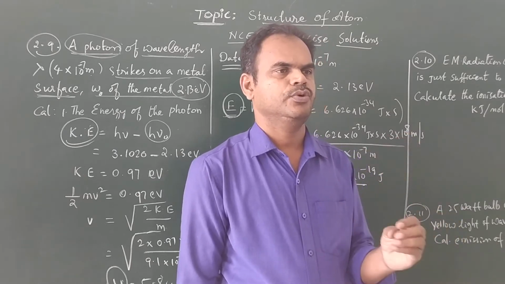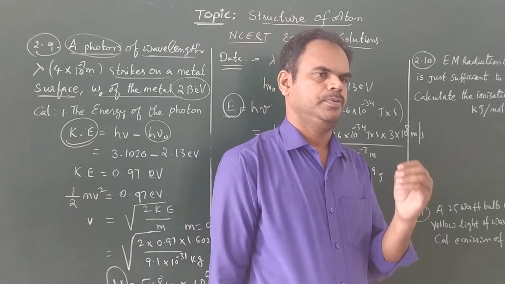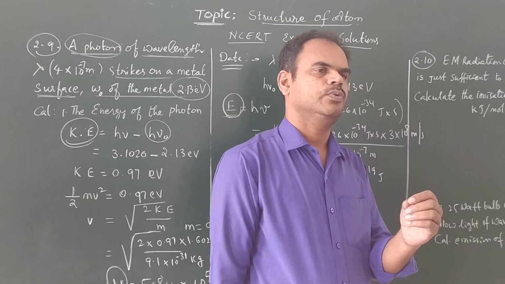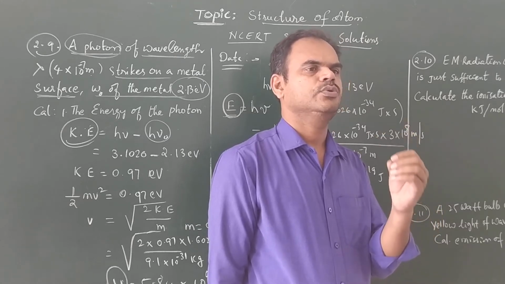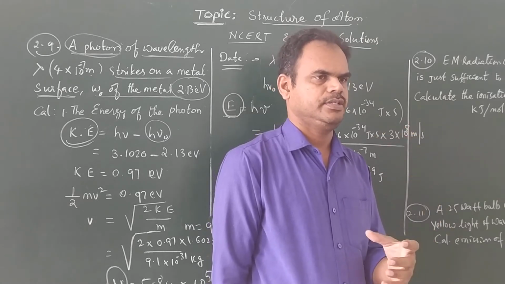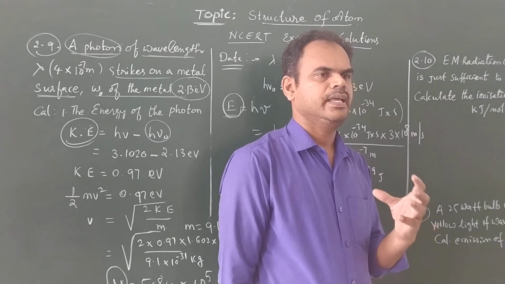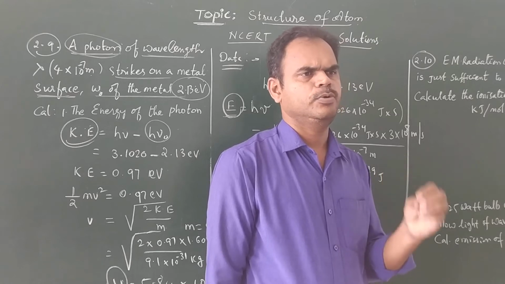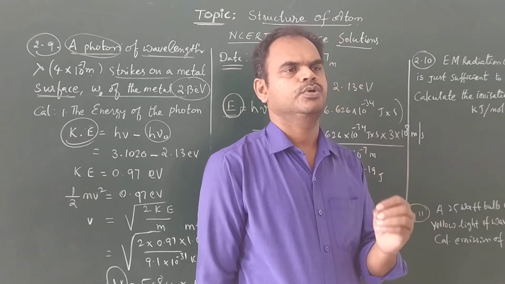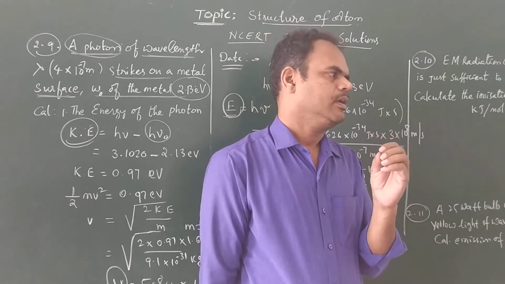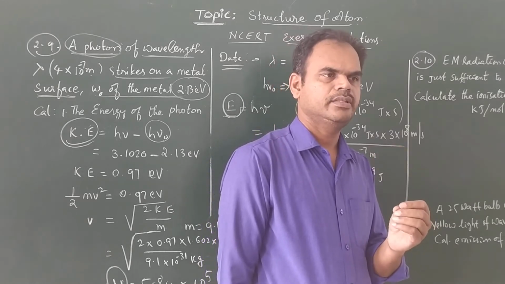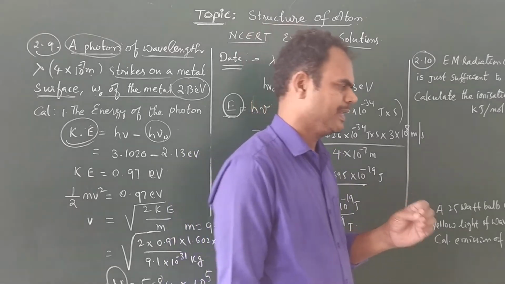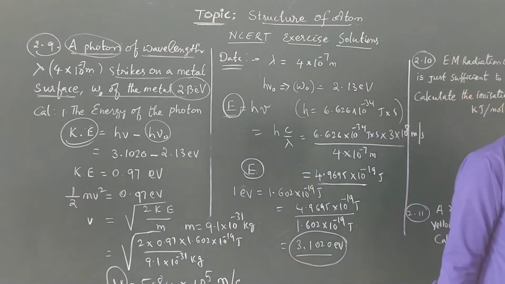The formula for the photoelectric effect is h nu equals h nu naught plus kinetic energy. Is it fine, everyone? The photoelectric effect is most important. Einstein got the Nobel Prize only for the photoelectric effect. He wrote a one-page article on that, so he got the Nobel Prize for this photoelectric effect, Einstein.